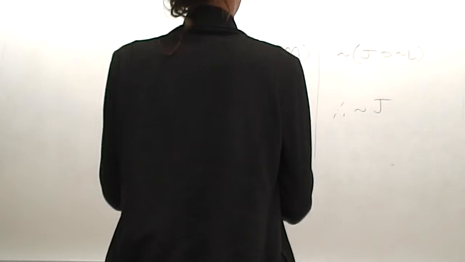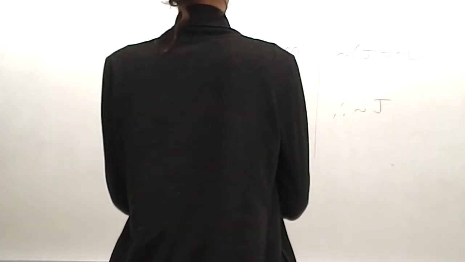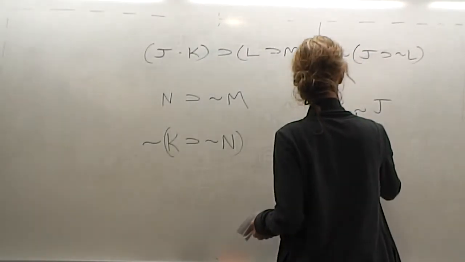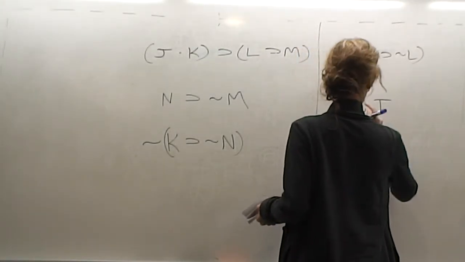Okay. She's going to begin by assuming the argument to be invalid. And that means no. That's a therefore sign. Yes.